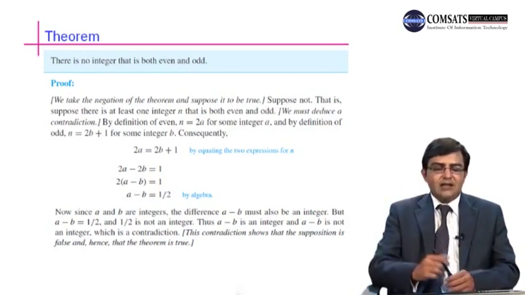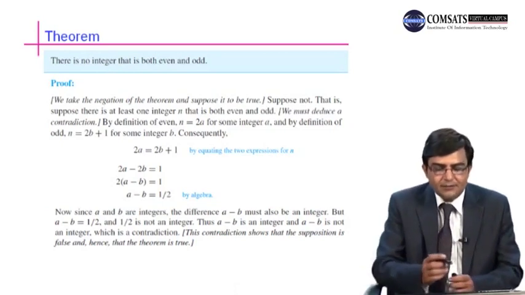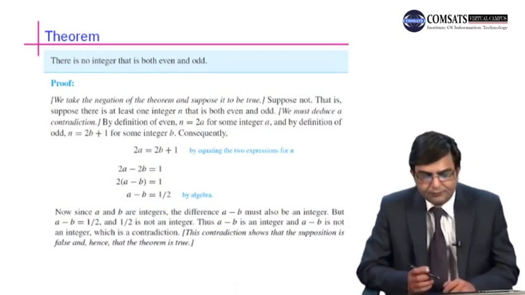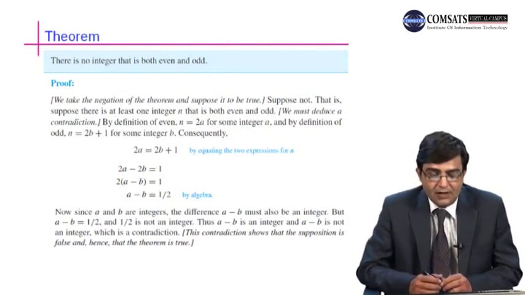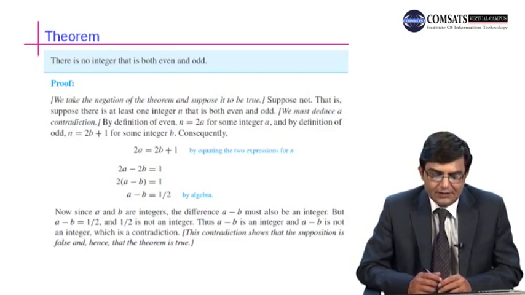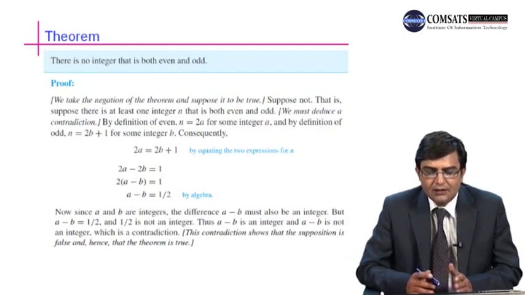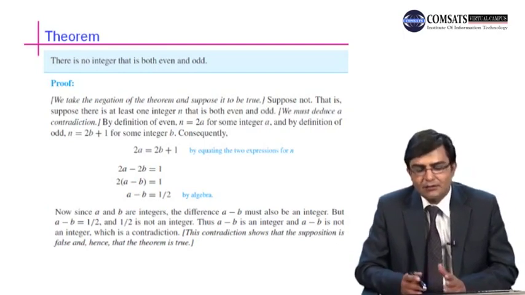So first of all, the given statement, how can we write it as a universal conditional statement? There is no integer that is both even and odd. What does it mean? For all integers m, m is not both even and odd.